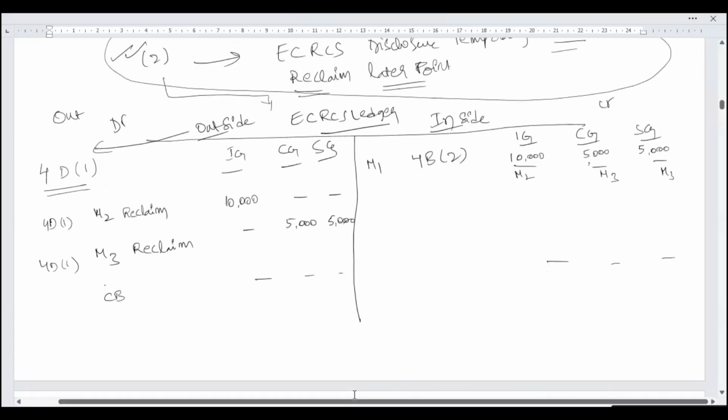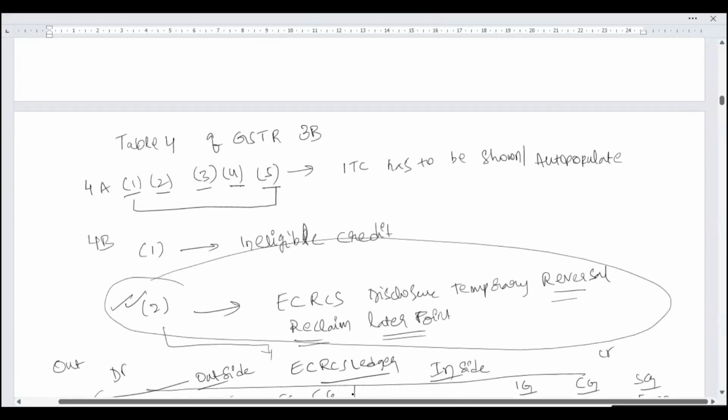Now, when I say reclaim, sir, where do I reclaim this? This we need to mention in table number 4A5. Your input tax credit, you see different windows. They say use this particular window where you want to reclaim.